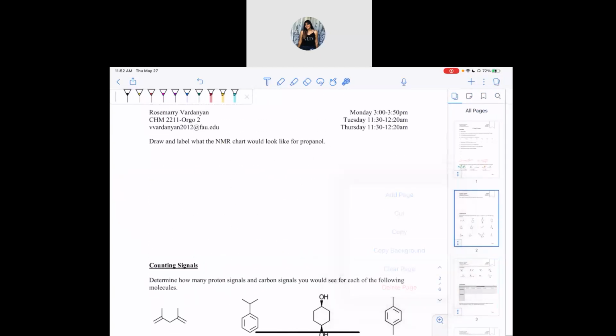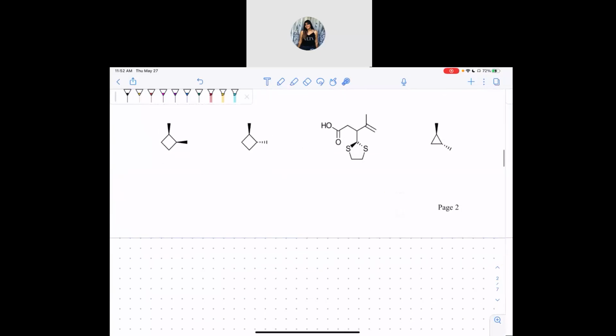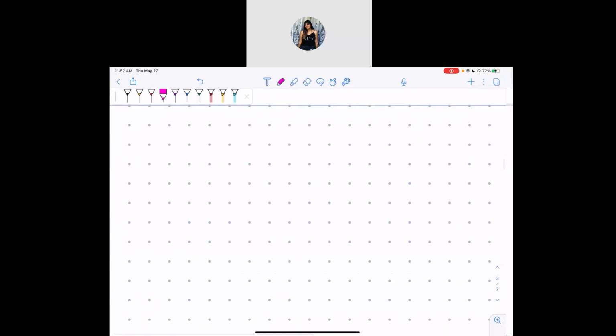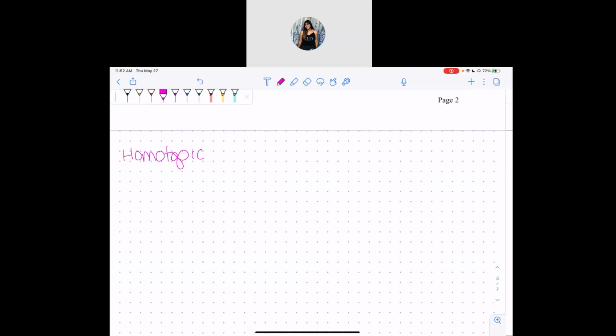Let me just make myself a new page, and we're going to talk about something that tends to confuse students a lot, but hopefully it won't by the end of today. Homotopic and heterotopic signals. First of all, before we go into anything, I want you guys to note that homotopic and heterotopic are comparison words. They're not definition words.